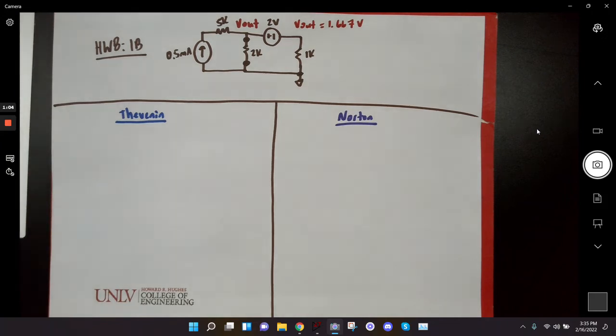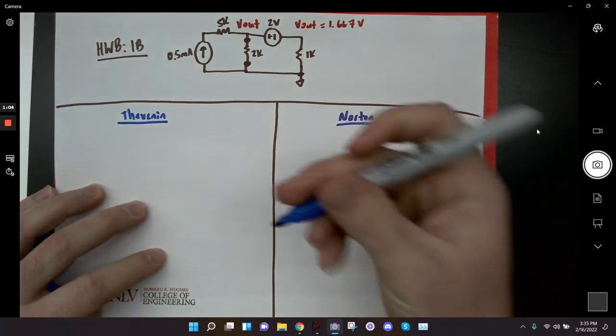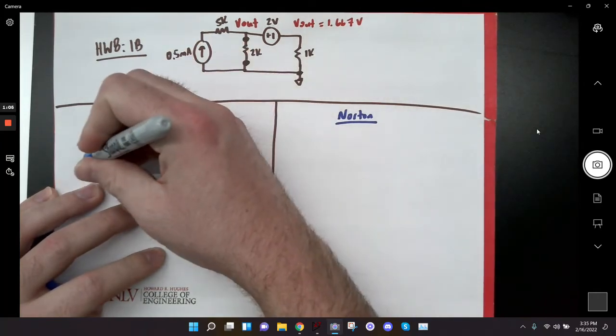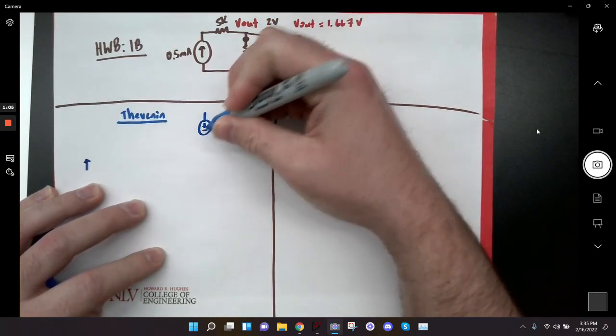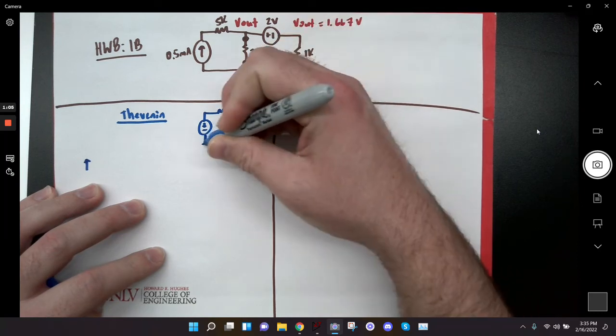So what am I going to do first? I'm going to get rid of the load resistor, the 2K, and I'm going to find the voltage between those two points, right? So my Thevenin looks like this, right?